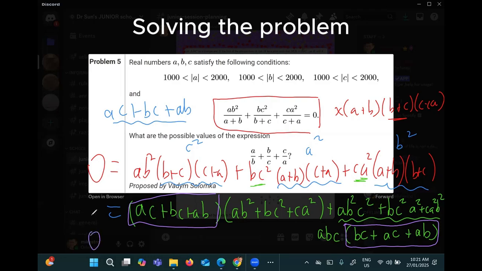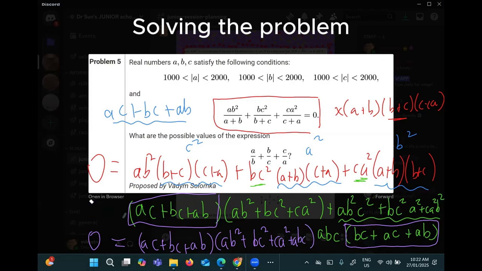So we get 0 equals AC plus BC plus AB times, we just add this up. Can someone tell me what to write? It's ABC, yeah? Does that make sense? So now I can just erase all this, yeah?